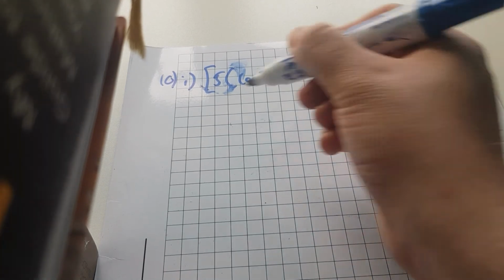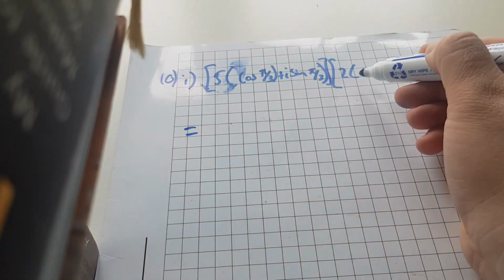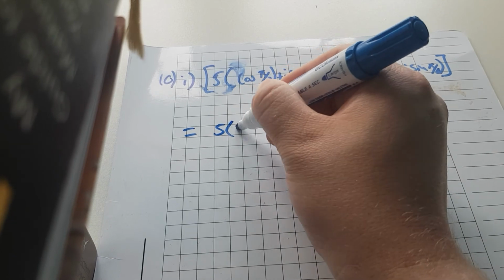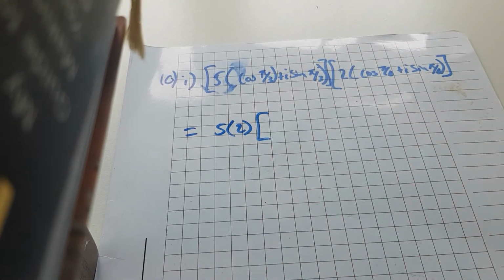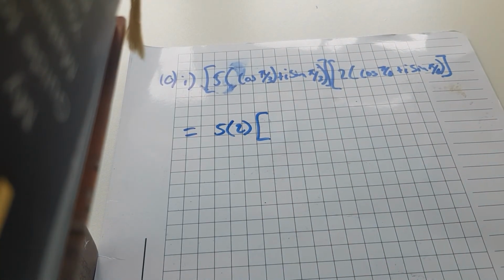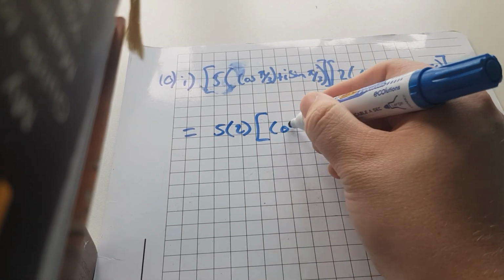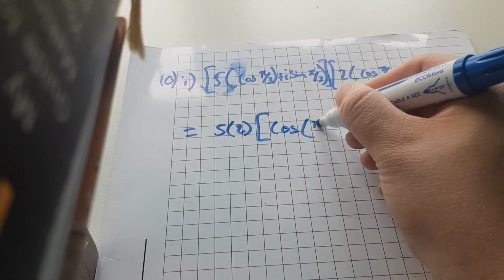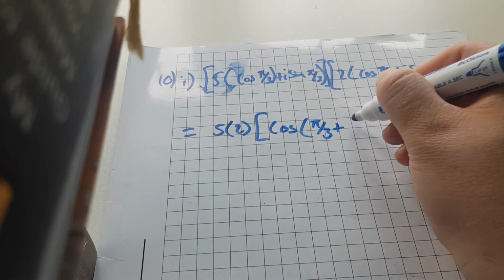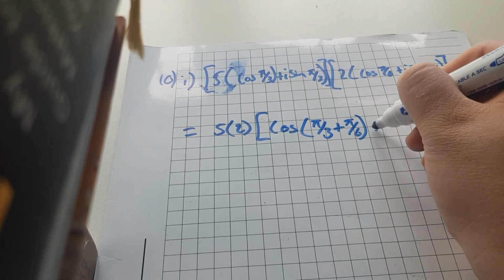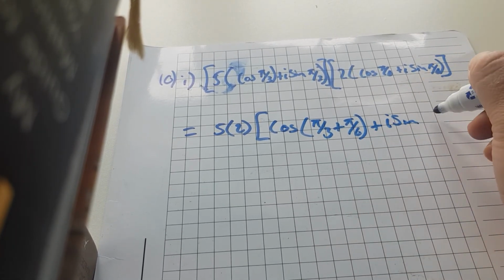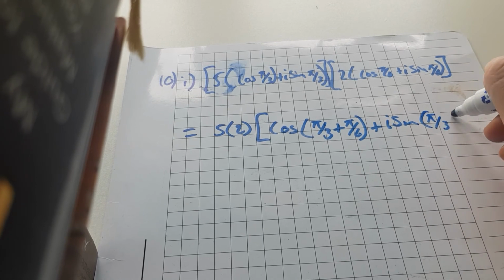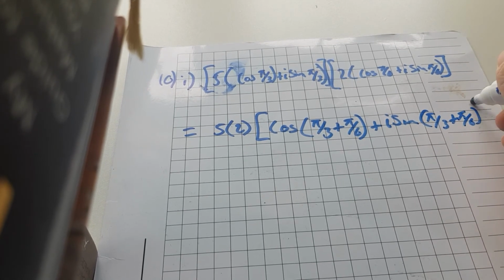But really, all we need to do is multiply 5 by 2, as that's our new modulus. And then I have cosine of the arguments added, and i sine of the arguments added.